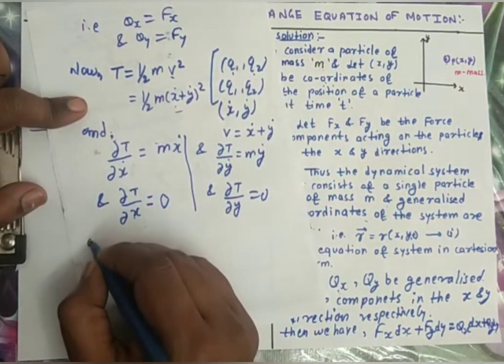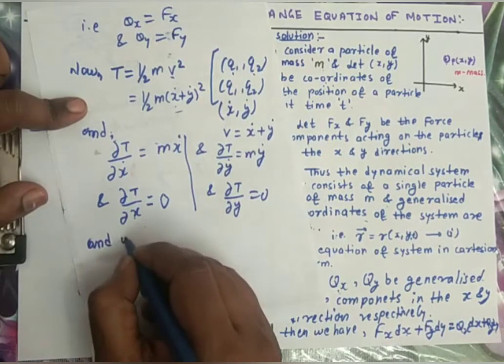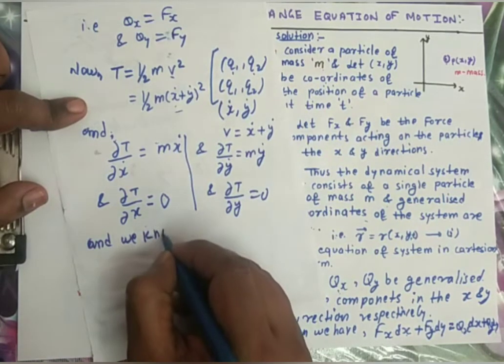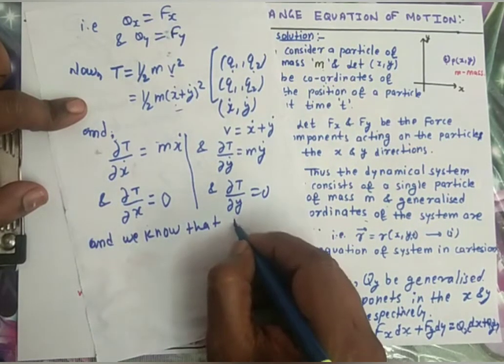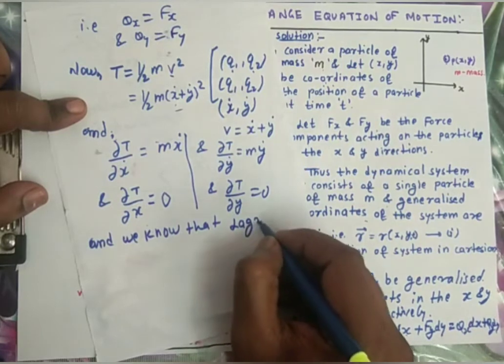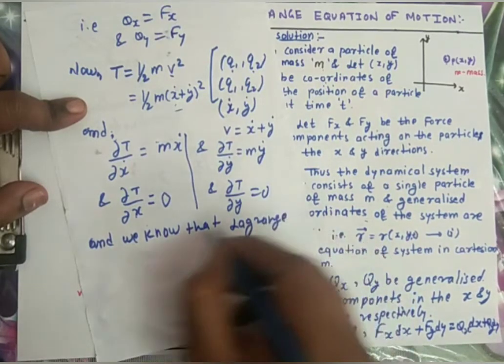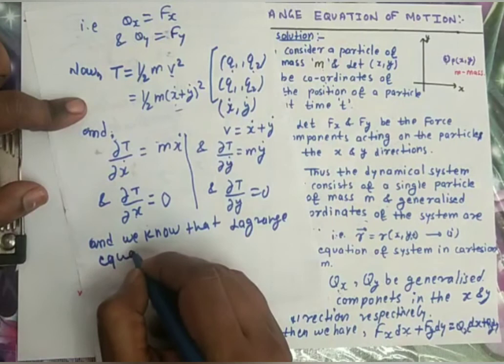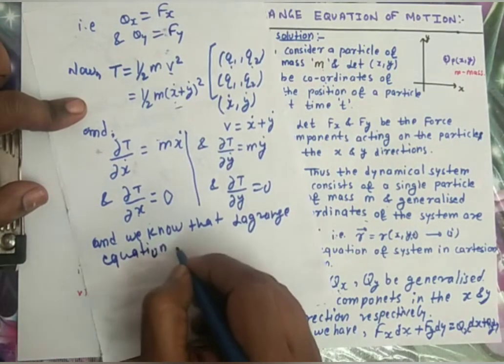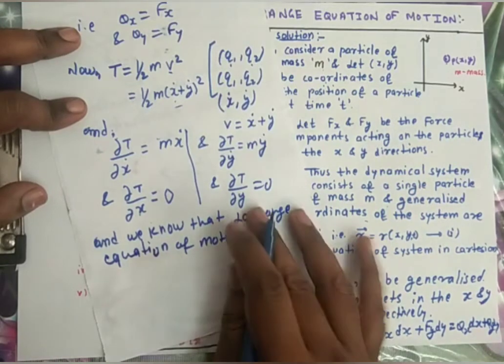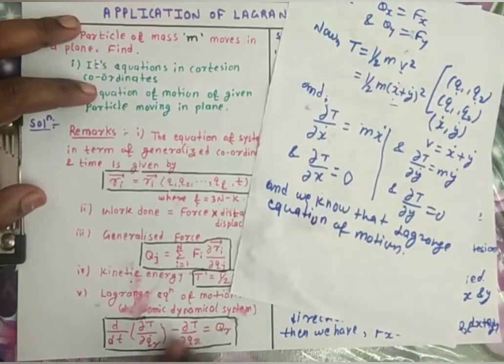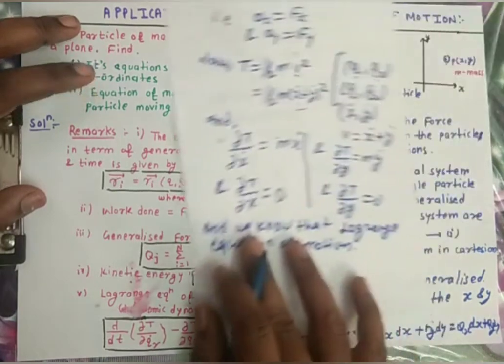And we know that Lagrange's equation of motion for a holonomic dynamical system is given by d by dt of del T by del q_r dot minus del T by del q_r is equal to Q_r.